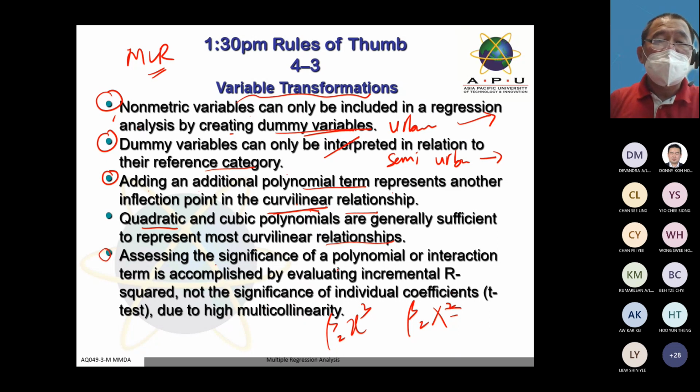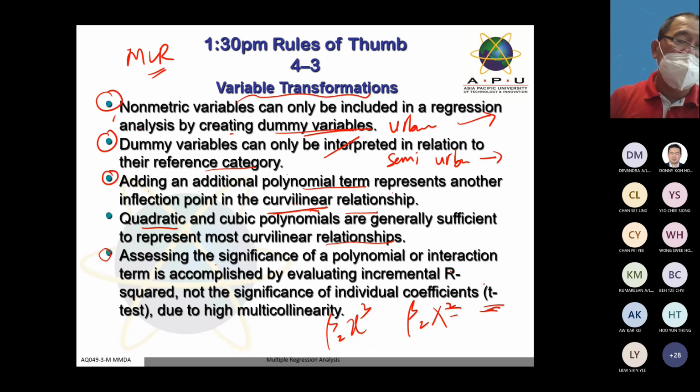For this one, we should handle the incremental R squared, not the t-test. I think in the slide they didn't mention the t-test. The significance of the individual coefficient is actually the t-test.